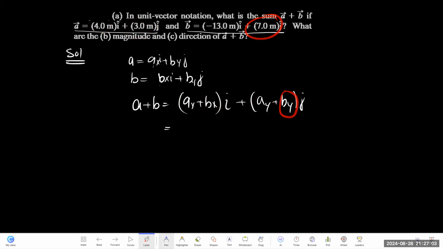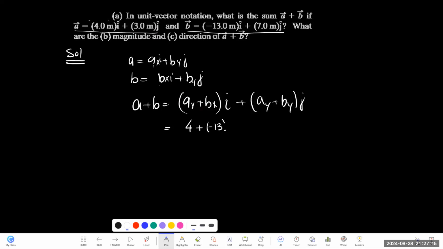So I'm going to substitute the values: 4 plus minus 30 i plus 3 plus 7 j. The answer is minus 26 i plus 10 j. That is my A plus B. Okay.